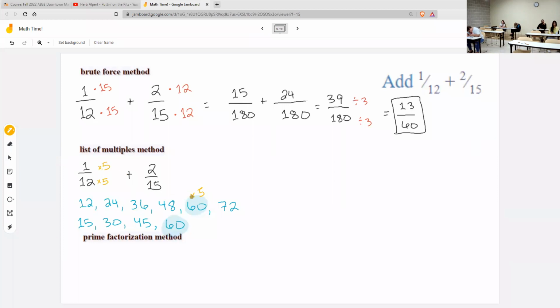On my 15s, I did times 1, times 2, times 3, times 4. So we wind up with 5/60ths and 8/60ths is 13/60ths. Questions about either of those two?